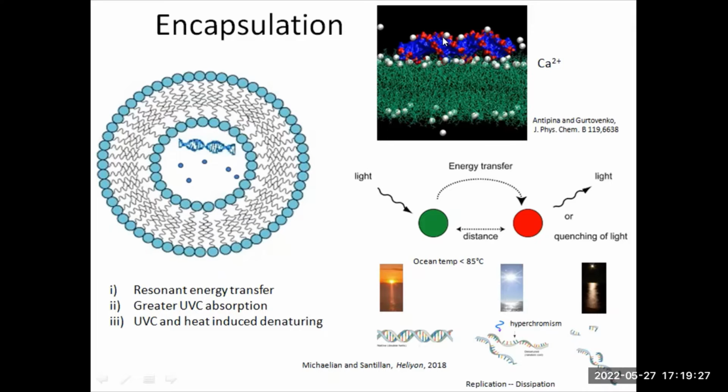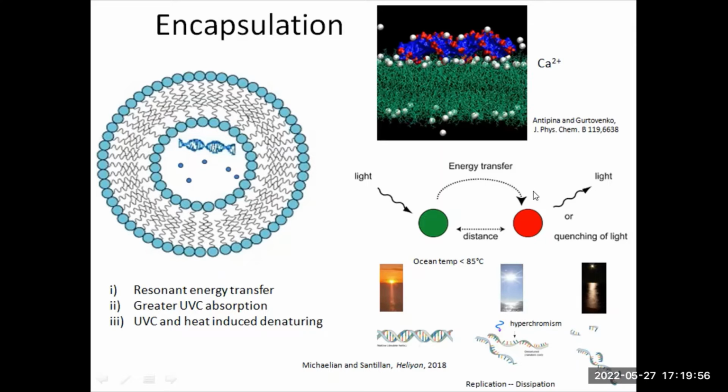And if the DNA is close to the vesicle, then even if the fatty acids in the vesicle didn't have a conical intersection, as I mentioned in the previous talk, we could have energy transfer from the absorption in these fatty acids utilizing the conical intersection of the DNA to dissipate to the ground state.